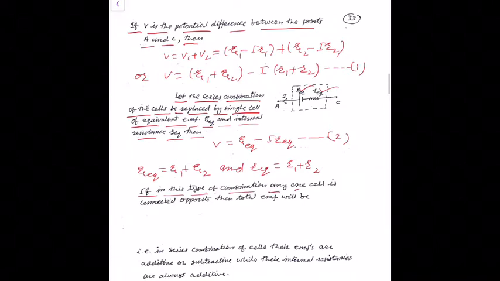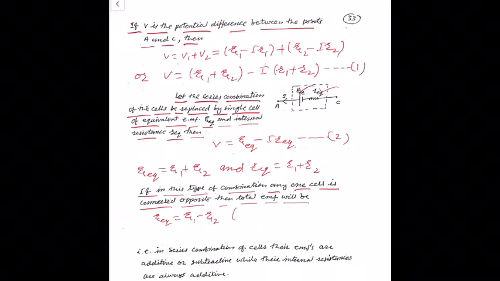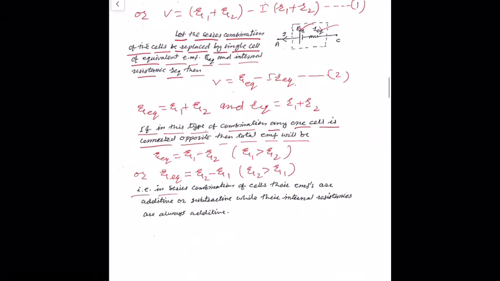If in this type of combination any one cell is connected opposite, then the total EMF will be E equivalent equal to E1 minus E2 when E1 is greater than E2, or E equivalent equal to E2 minus E1 when E2 is greater than E1.